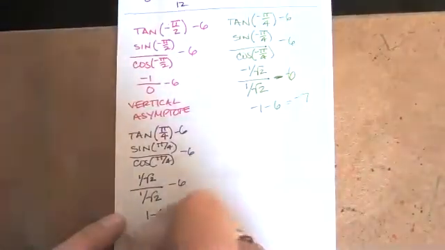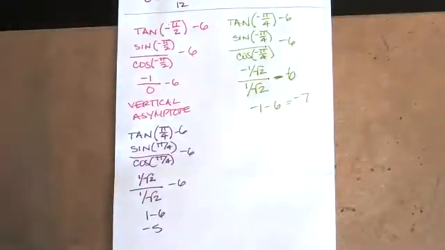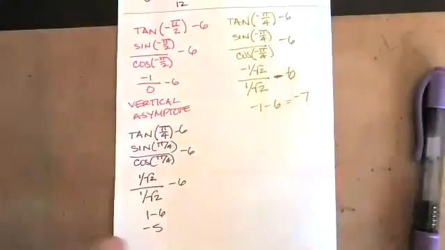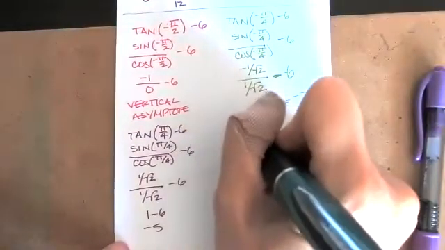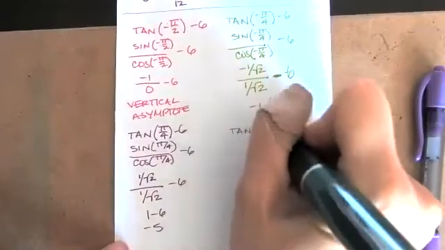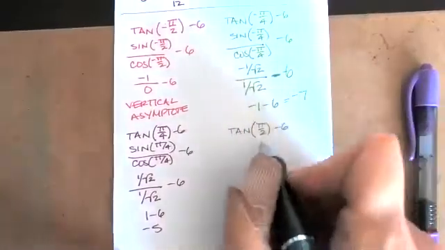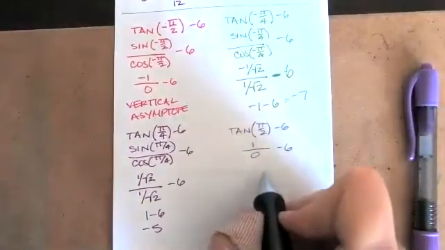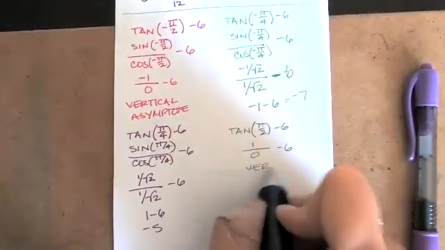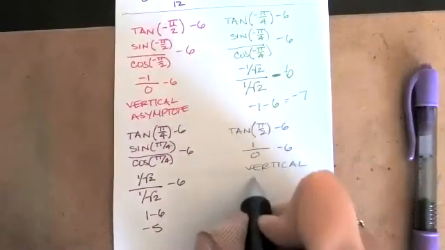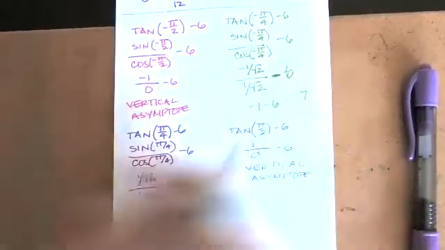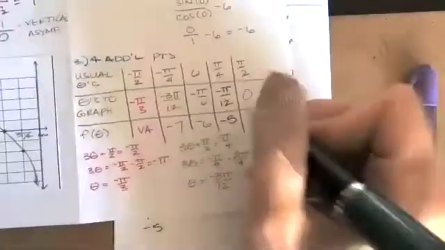So 1 minus 6 gives us -5. So this will be -5 here. And lastly, the tangent of pi over 2. The same thing happens. The sine is 1, but the cosine is 0. So in this case, that'll be another vertical asymptote.